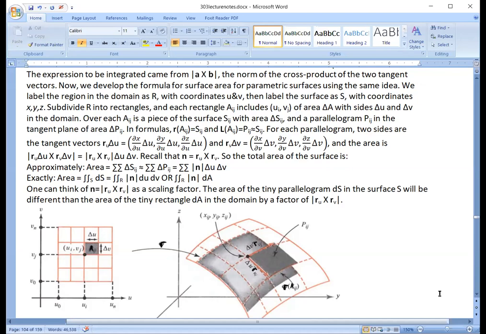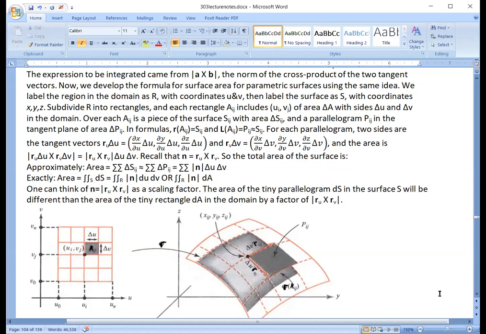Now, our function r, which makes the surface, takes that whole domain and maps it to the surface on the right. But let's focus for a moment on just that little rectangle piece of the domain. That gets mapped into the surface.